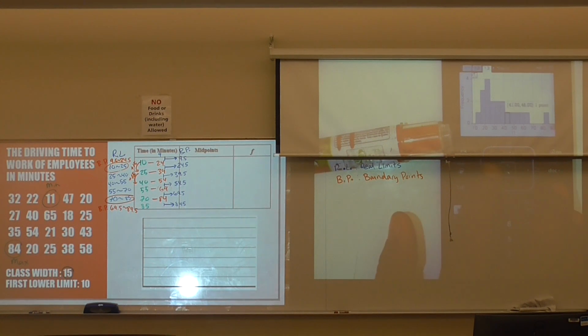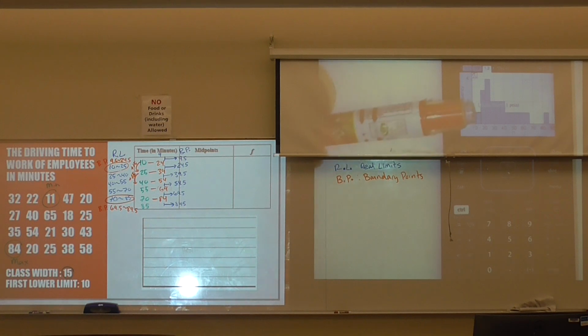But once again, this calculator made its own guesstimated class widths, and we can clearly see that it's not matching ours. Why? Because over here it says the lower limit is 11, but I thought my first class's lower limit was supposed to be 10. In addition, it says the real upper limit is 16.